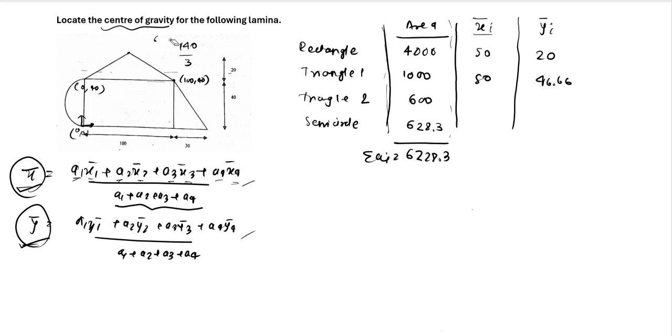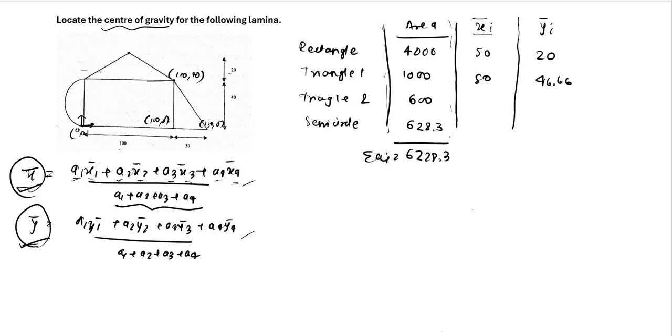If you move ahead to the second triangle, let us give its location also. We have 100 in the x direction, comma 0; 130, comma 0; and 100, comma 40 as the coordinates of this triangle. Again apply that formula, the summation of all of this divided by 3.